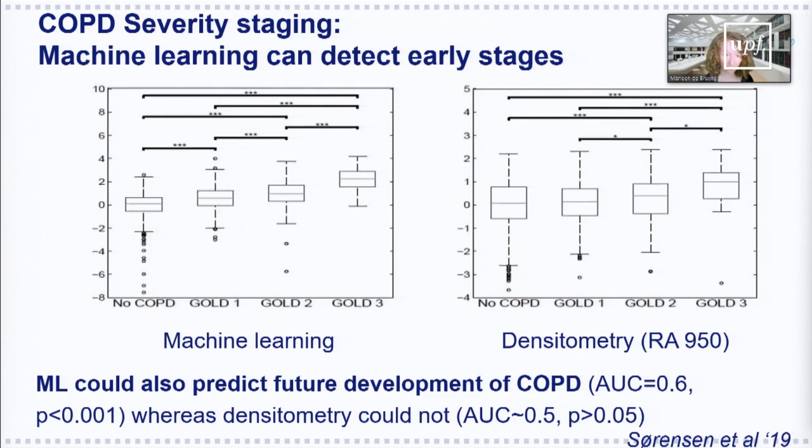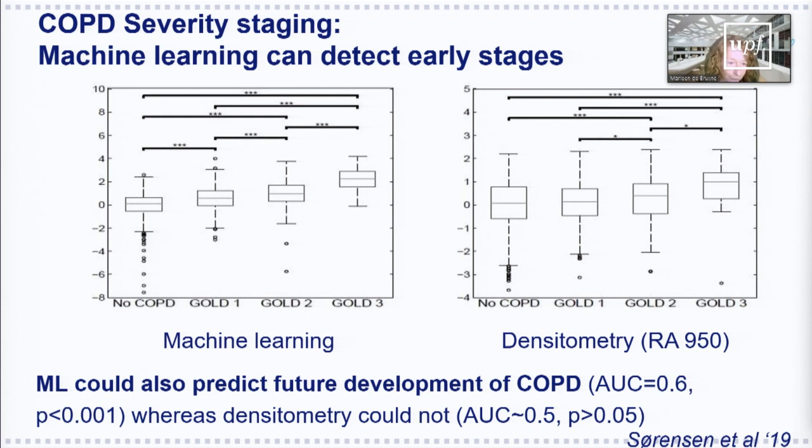Here's another view of that. So here's an example where machine learning finds patterns that predict disease better than known radiological measures, even though it was trained only to discriminate between COPD and non-COPD. Our method can also discriminate different stages of COPD.